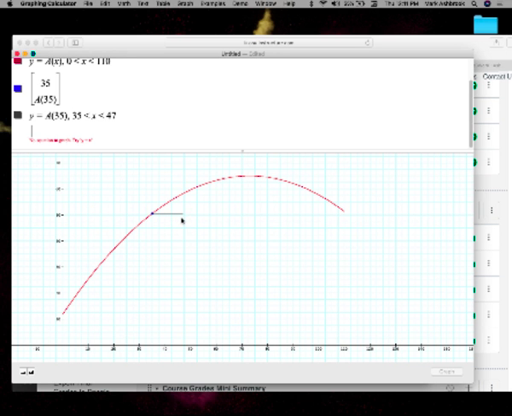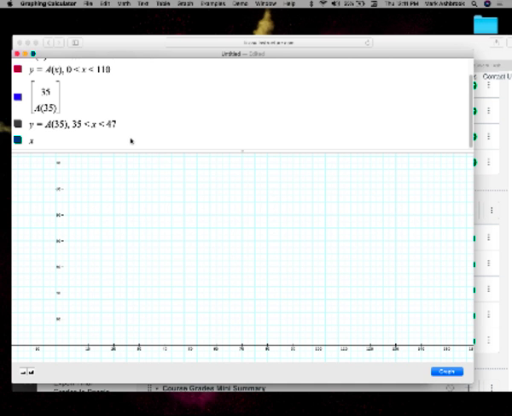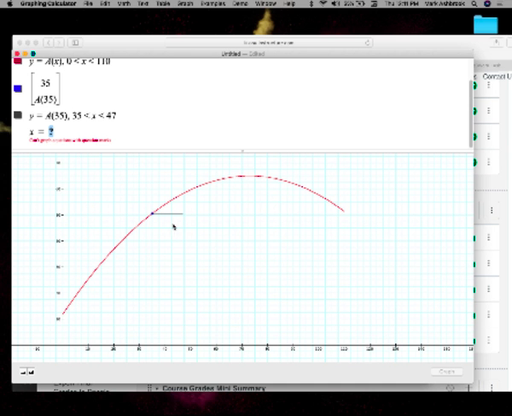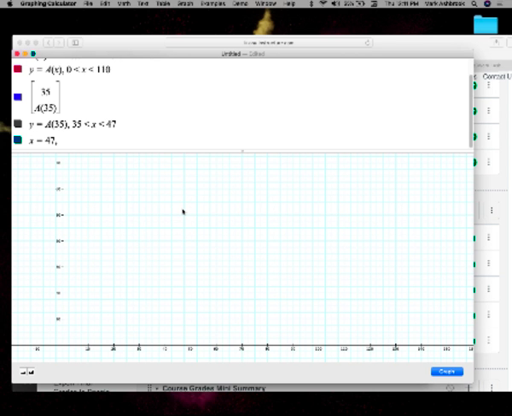Would it be x equals, would it be A of 35 plus 10? So what points do you want? X equals what, right? X equals 35 or 47? 47 from A of 35 to x to 59.